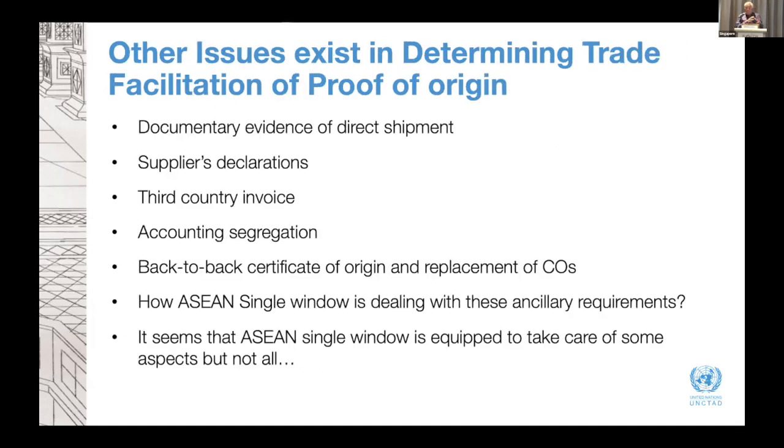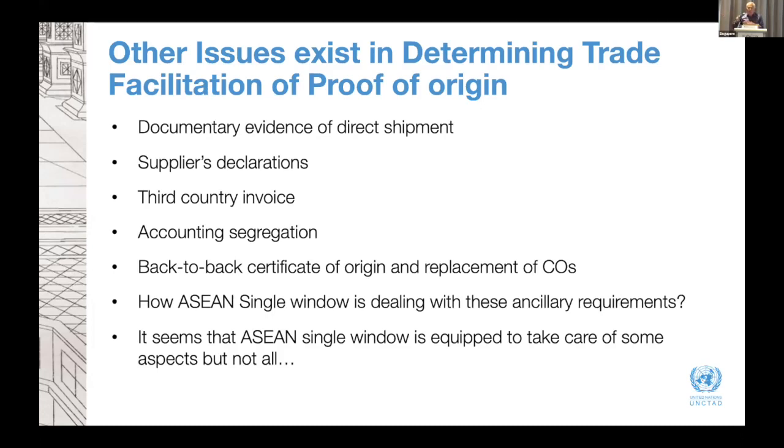We're talking about proof of origin, but proof of origin is only one part of the administrative aspects of rules of origin. Then we discussed the documentary evidence of direct shipment. You need to provide documentary evidence on how the goods have been shipped to your clients.